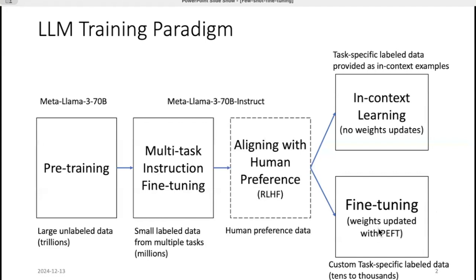So this requires a weights update, and because this custom labeled data will be much fewer than the previous pre-fine-tuning samples, it usually varies from tens up to thousands of training samples for the custom task, right? And so people have developed parameter efficient fine-tuning to further adapt the LLM to the custom task at hand. So this is the paradigm, and in this session we are mainly going to compare few shot fine-tuning and few shot in-context learning.